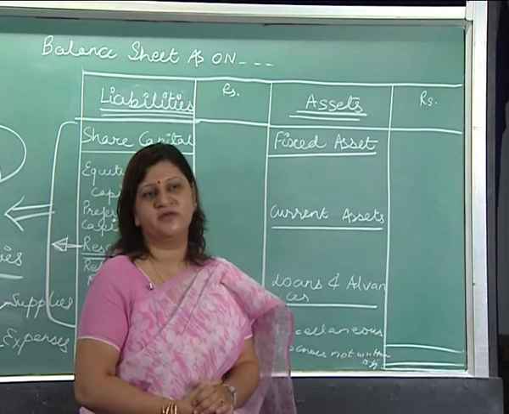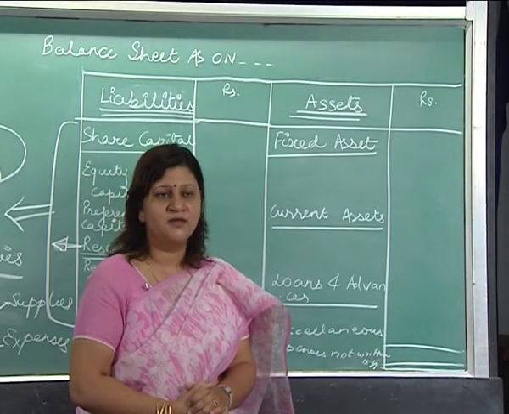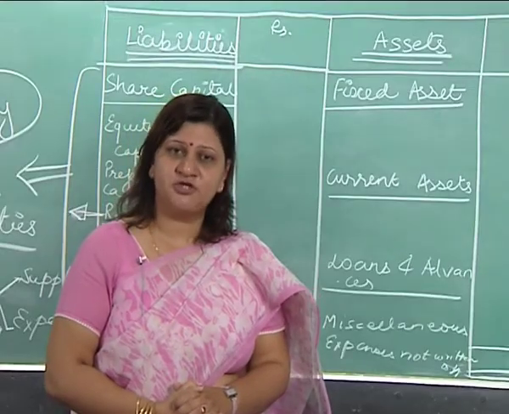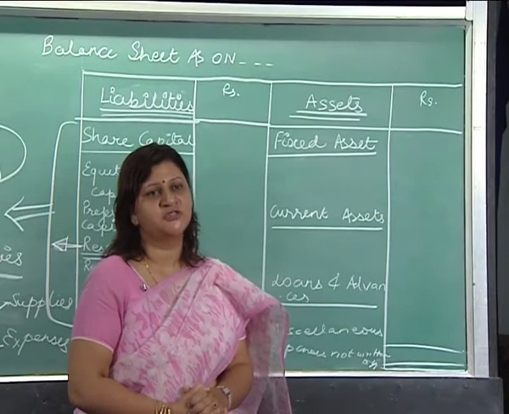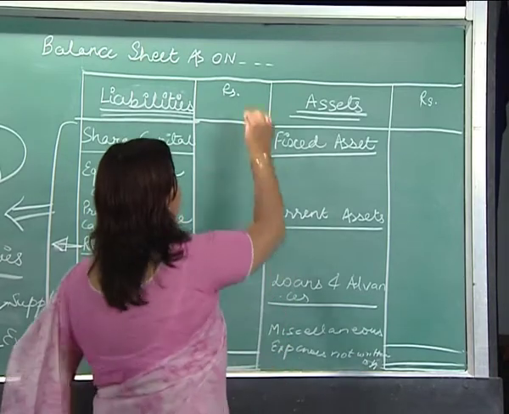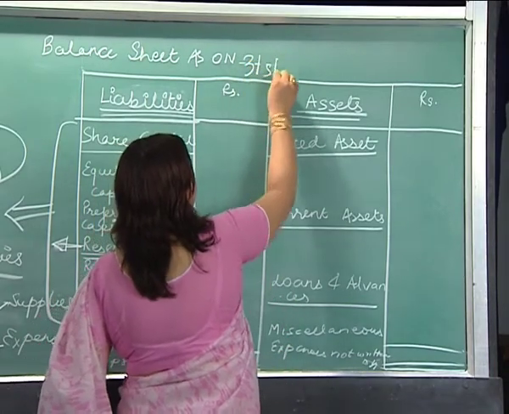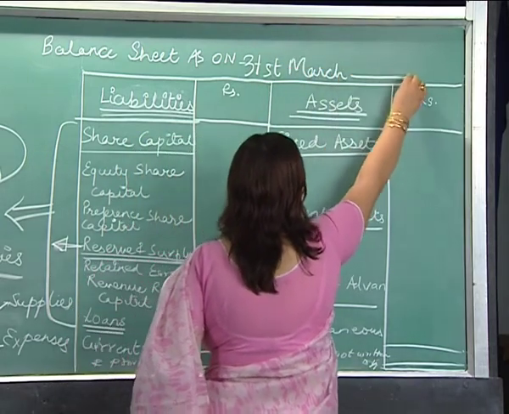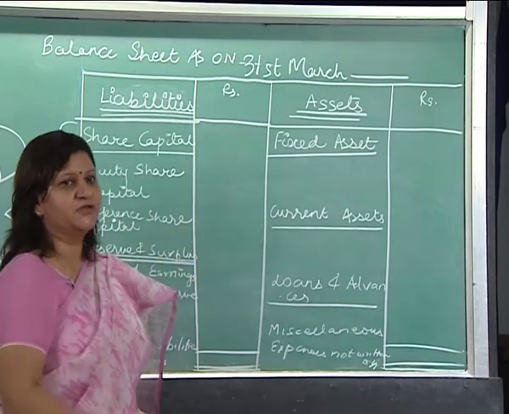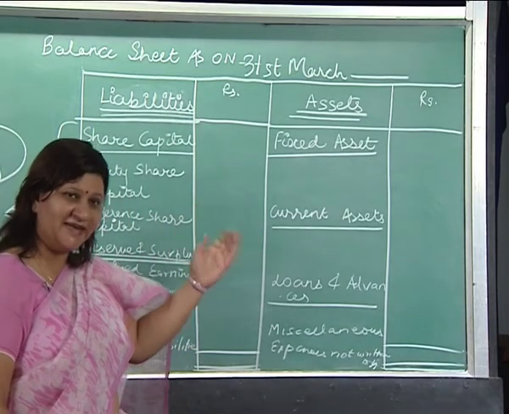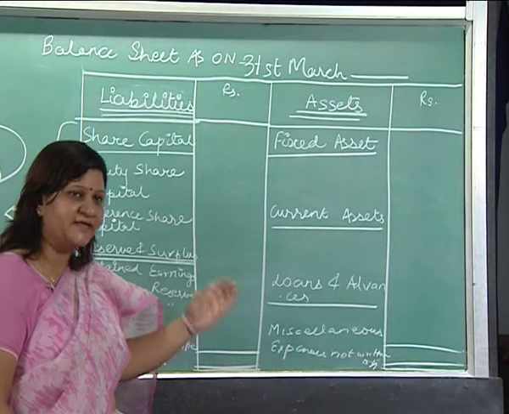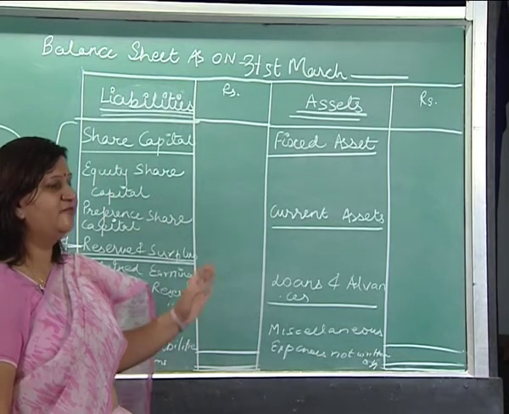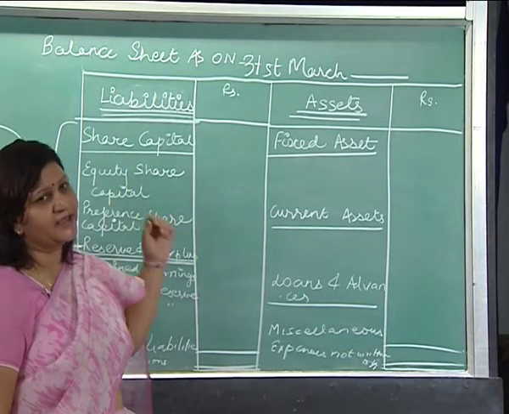Generally, the financial period starts from April 1 and ends on 31st March. So when we prepare the balance sheet, we have to write balance sheet as on 31st March, and the financial year is to be given, that is 2011 or 2010, for which this balance sheet is being prepared. Then we have to write up the liabilities and assets.